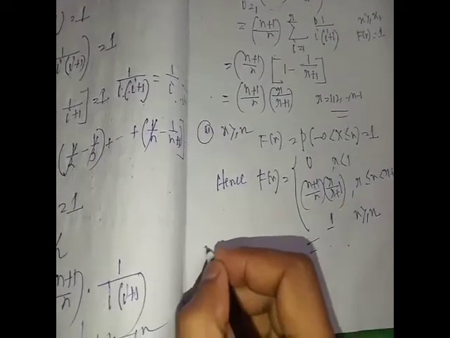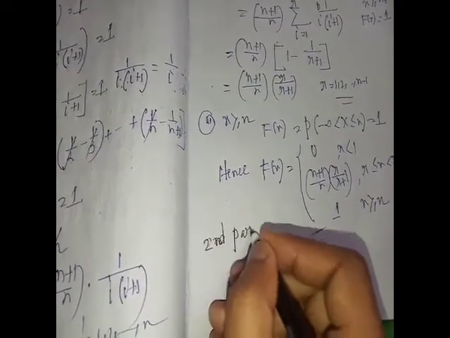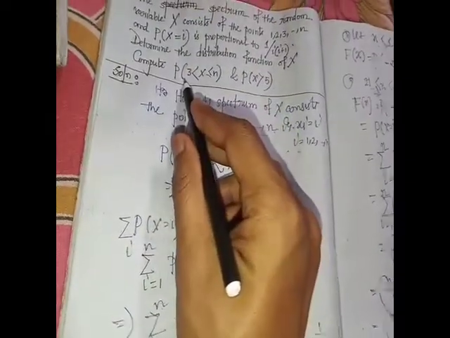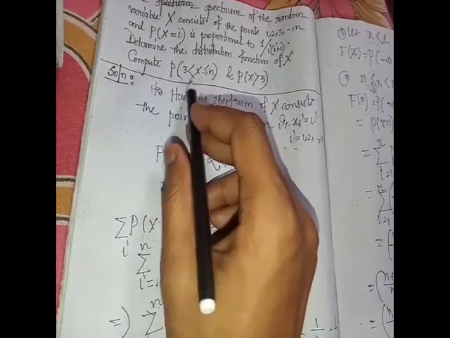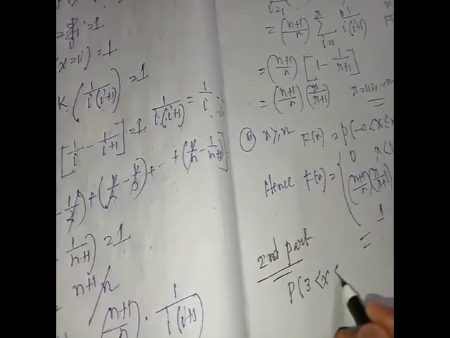Second part. Compute the probability of 3 < X ≤ n.